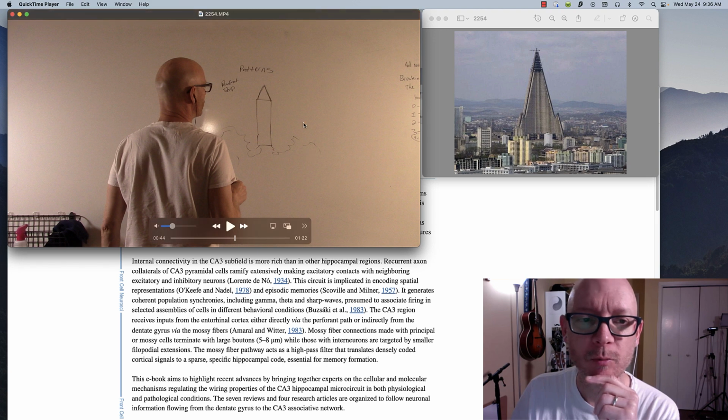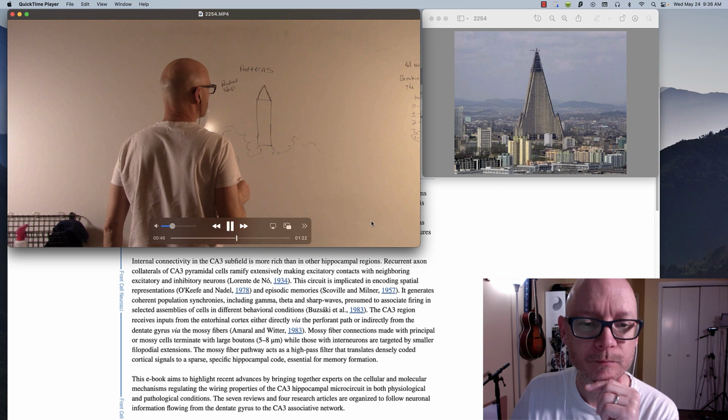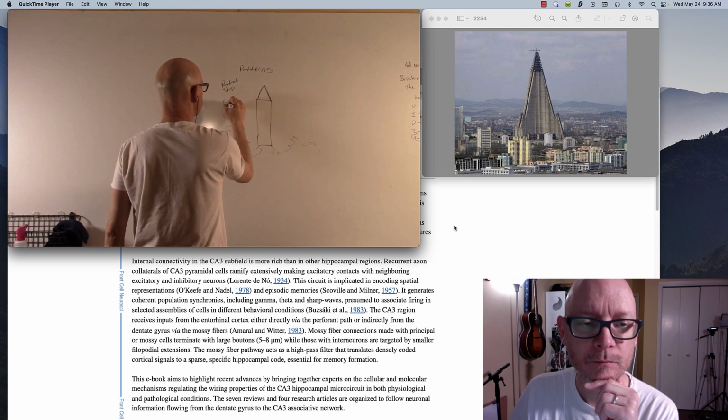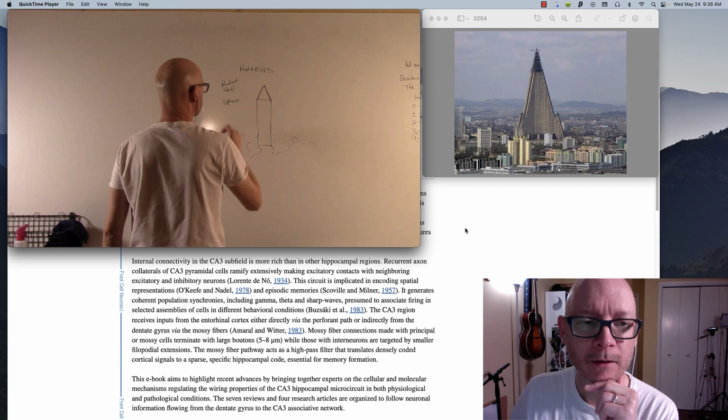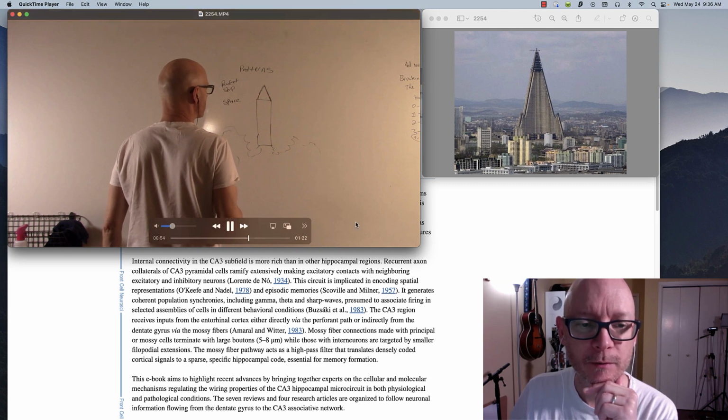This has more of a slope, but I was moving, and there was complete pattern completion taking place here. That was narrowing this down as it was processing through the CA3 area of my brain, comparing it to memories, and I locked into a rocket ship. This is all pattern completion stuff here.